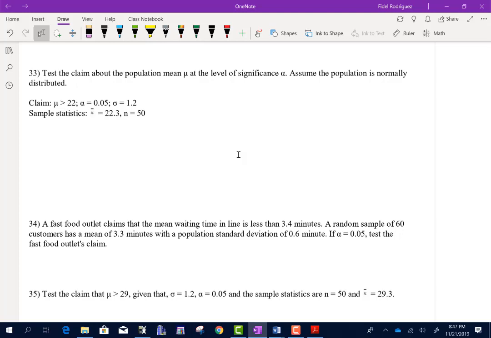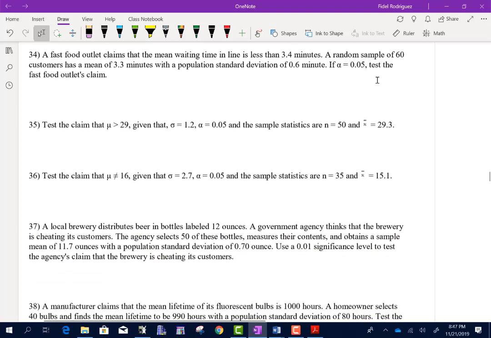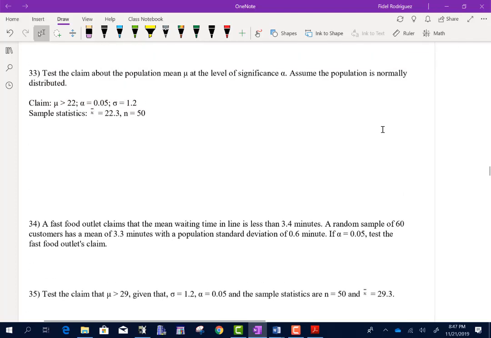Which one? 30? 35? Okay. I'm sorry? 33. Okay, let's do 33 and we'll come back and do 35. To test a claim about the population mean at significance alpha, assume the population is normally distributed.